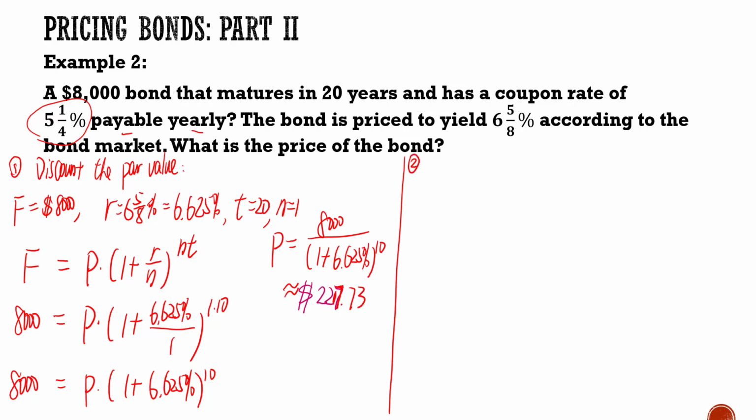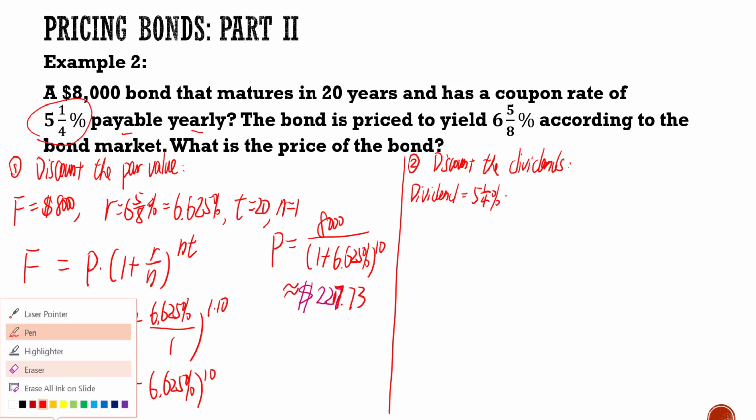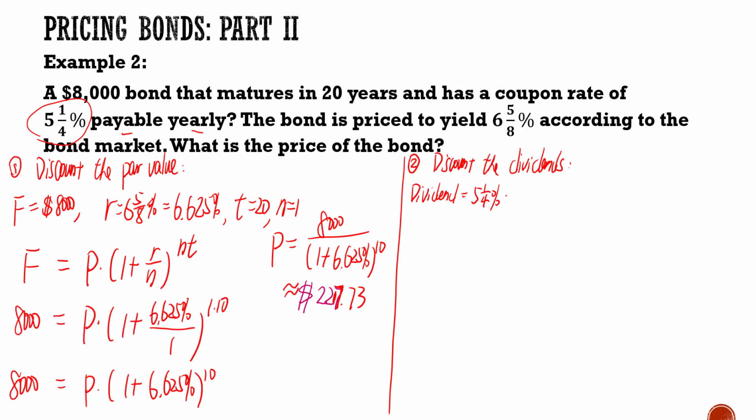Second step, discount the dividends. And in step one, we need to find out how much the dividend is. So the dividend is based on 5.25%: the dividend equals 5.25% times 8,000. Okay, one more time, this is 20 here.